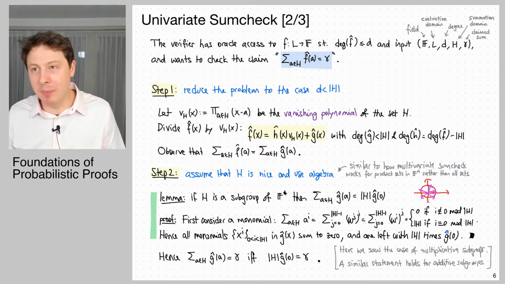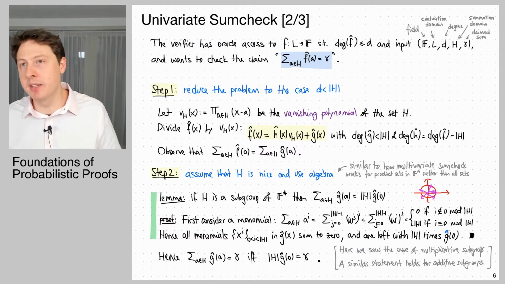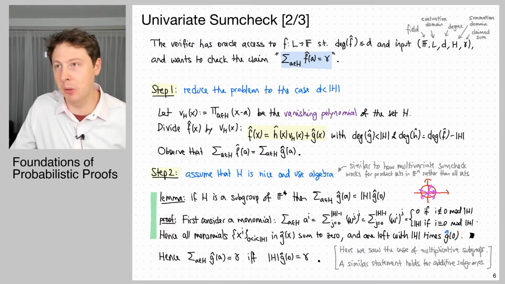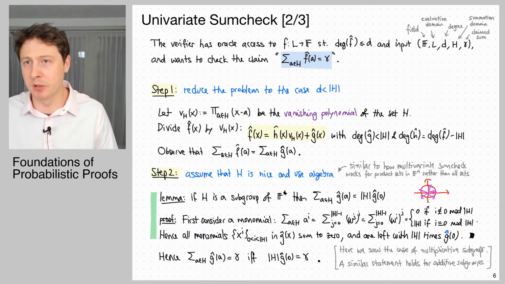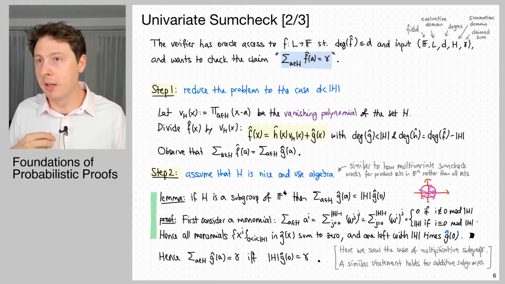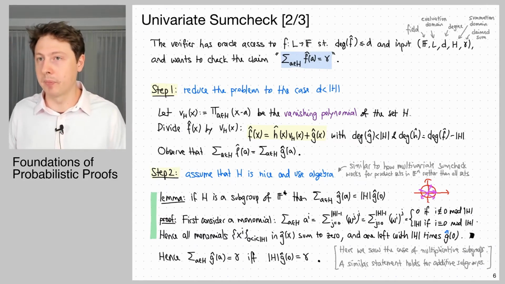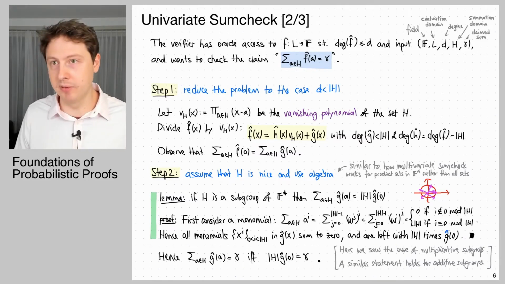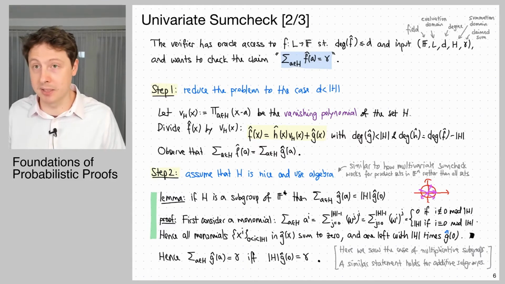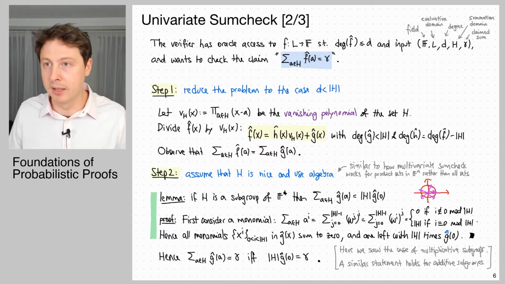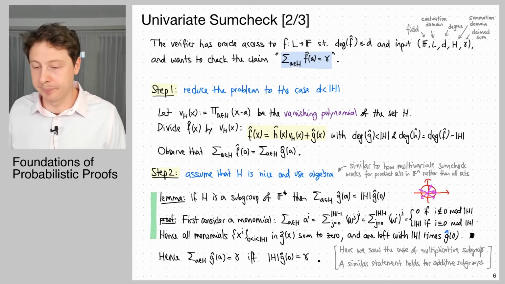You may ask what happens in the case of additive subgroups. Something similar happens. Instead of being the lowest order term, it is the highest order term. And proving it is just a little bit more awkward. So basically any subgroup of F, whether additive or multiplicative, will satisfy some nice property. So it's a nice open question whether other nice subsets of F have properties like these.